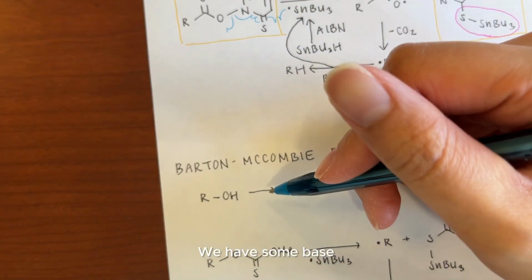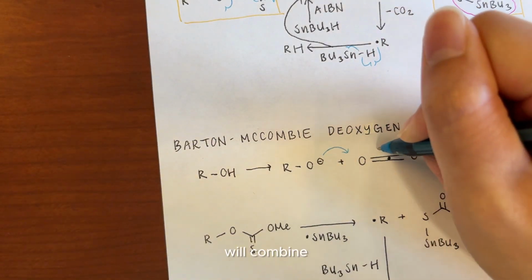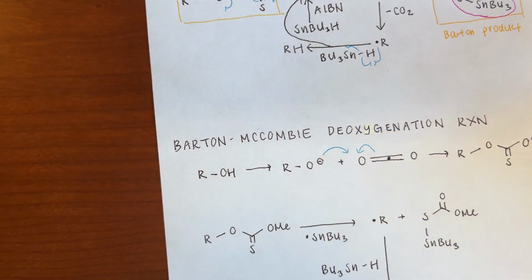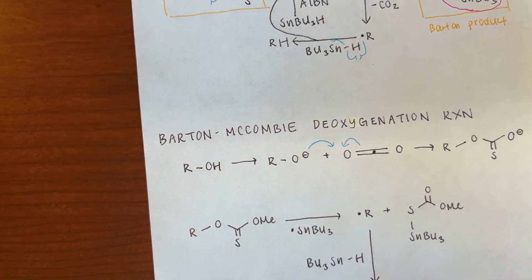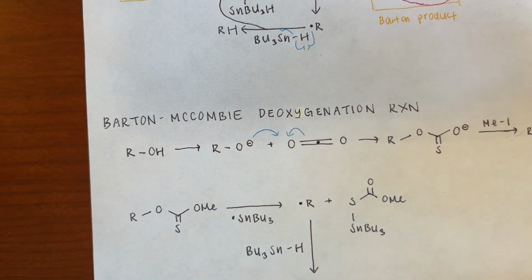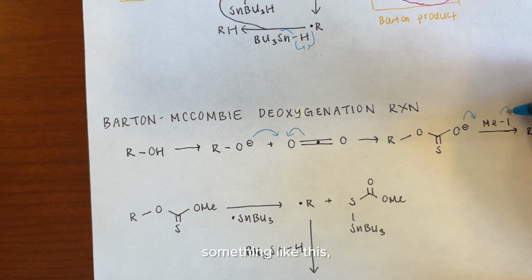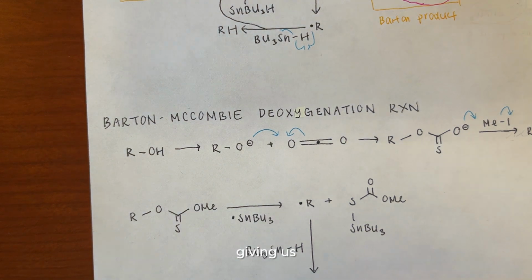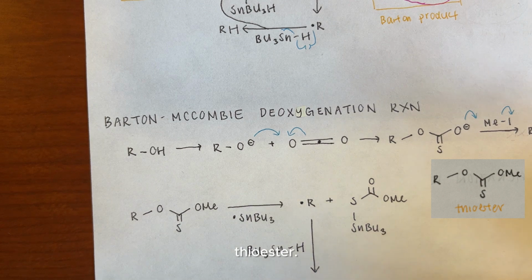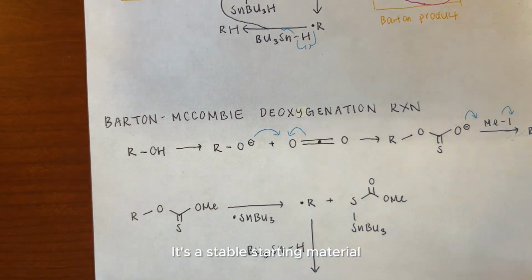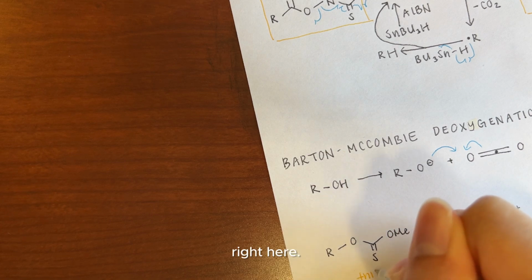We have some base here, and then our alkoxide will combine with carbon disulfide, which will give us this, and then electrons will move something like this, giving us a thioester. It is a stable starting material that you can also see right here.